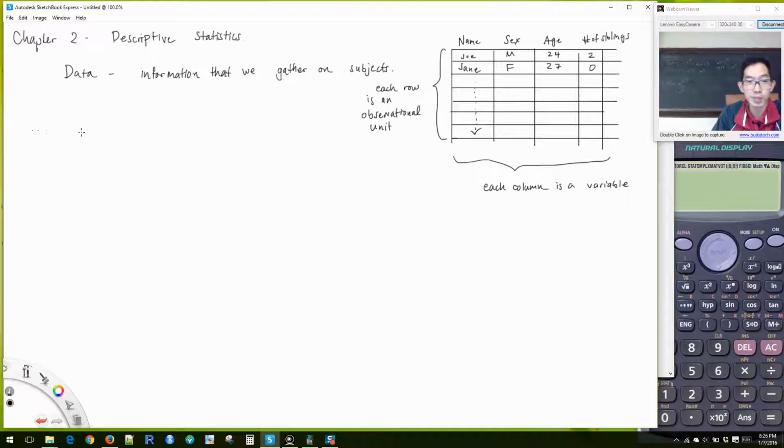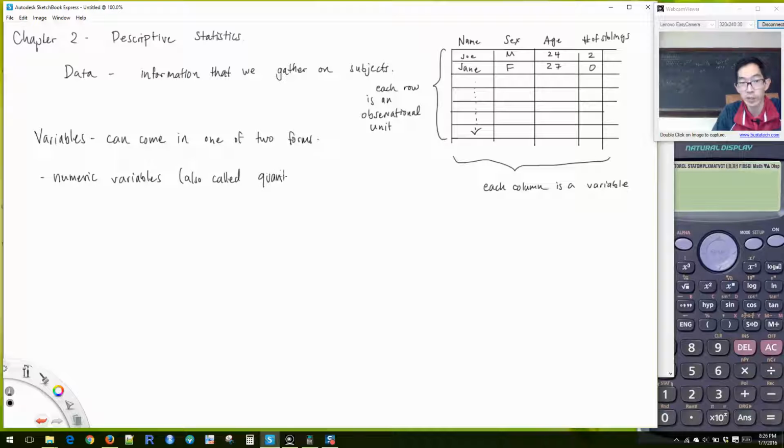Okay, and so variables can come in one of 2 forms. So we have numeric variables. These are also called quantitative variables.